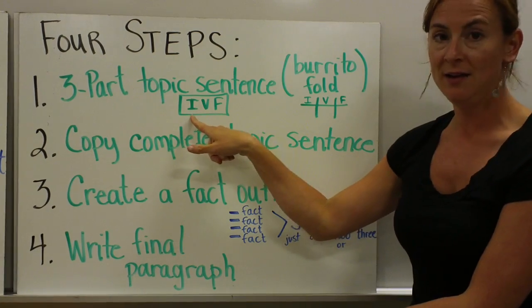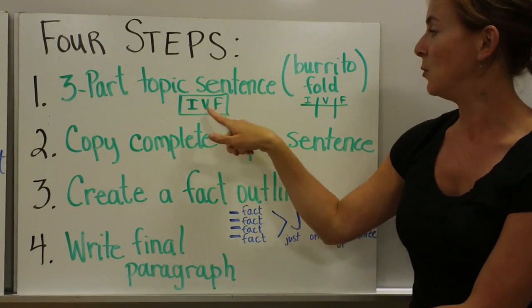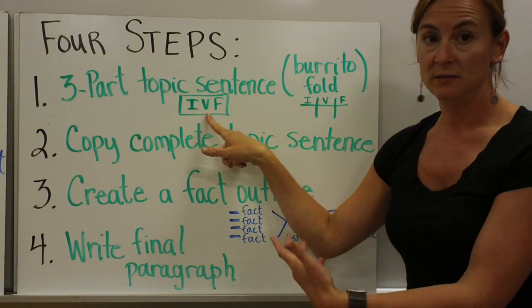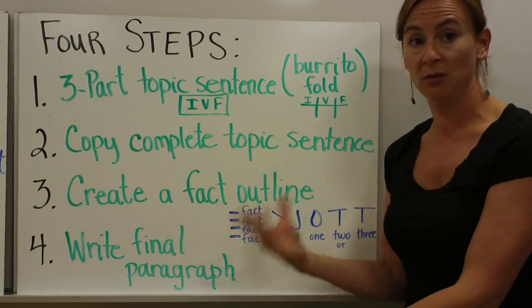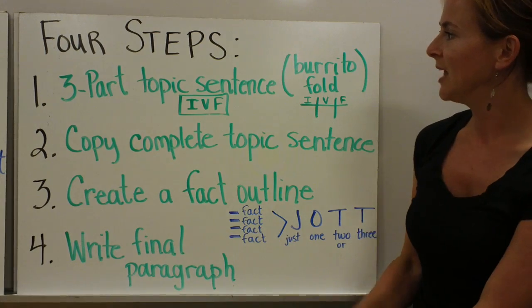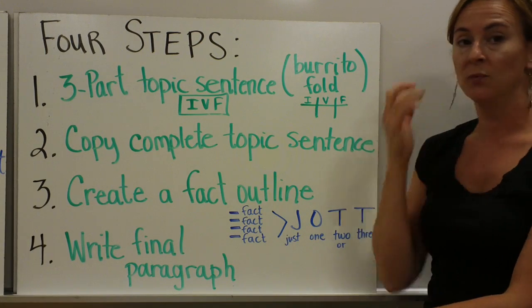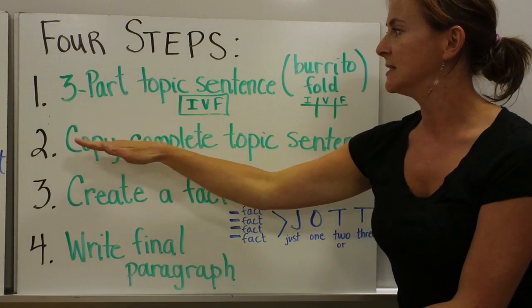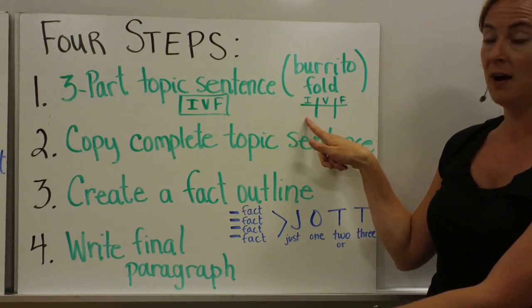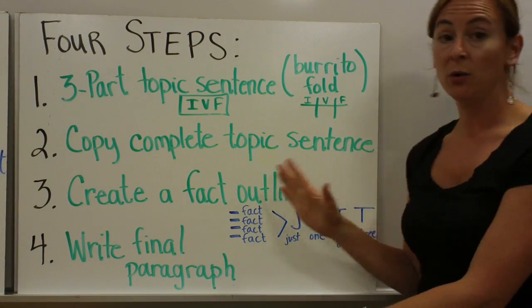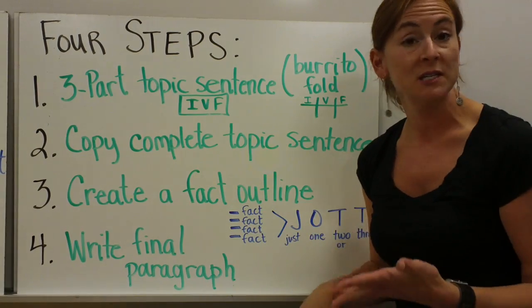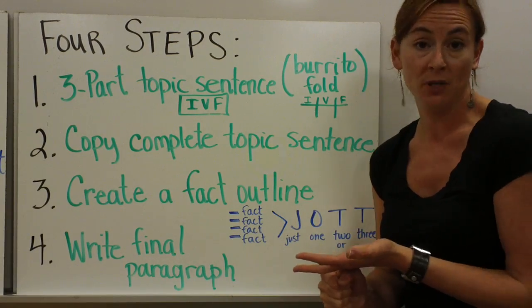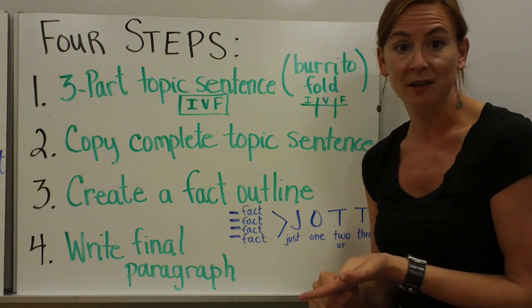One for the I, identify the item, one for the V, what is the verb, and then one for the F, finishing your thought. The second step in writing an objective summary is after you have written your IVF, you're going to copy that as a complete sentence with correct spelling, proper punctuation, and capital letters.